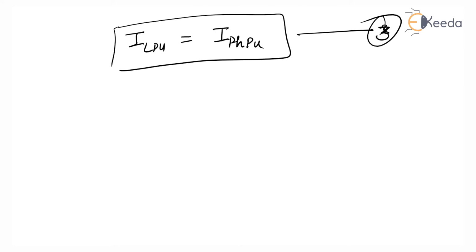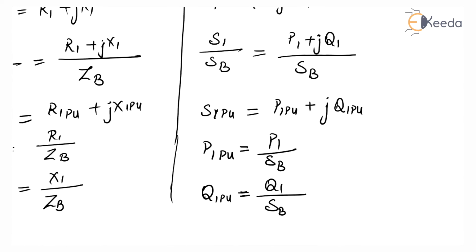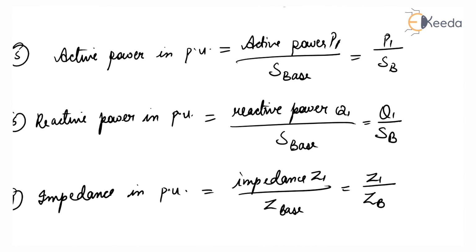Now for impedance, Z base is equal to V square base upon S base. We have seen this.